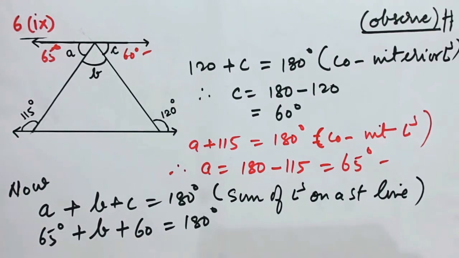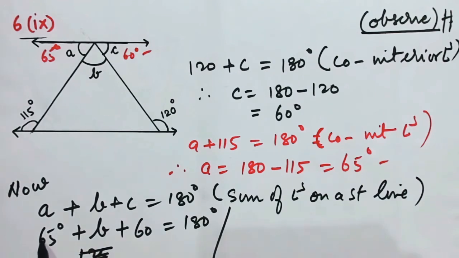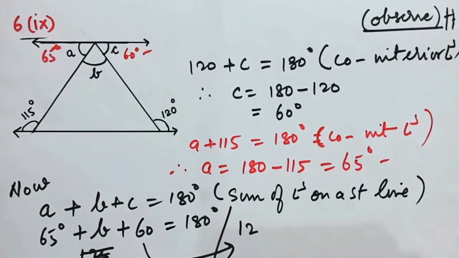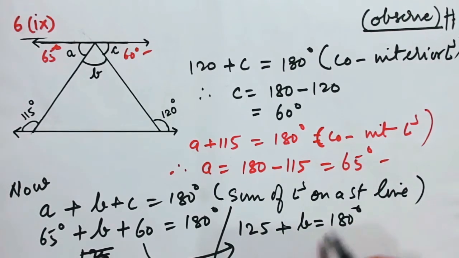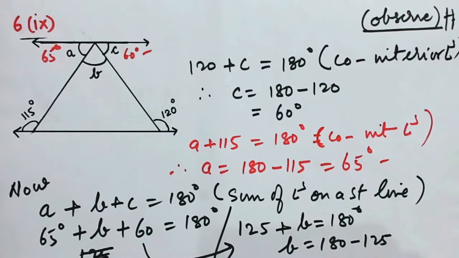Let me add this, 125. I hope it is visible. If it's not visible, I am going to do it over here, isn't it? So 65 plus 60, 125 plus B equal to 180 degrees. B will be equal to how much? 180 minus 125, isn't it?